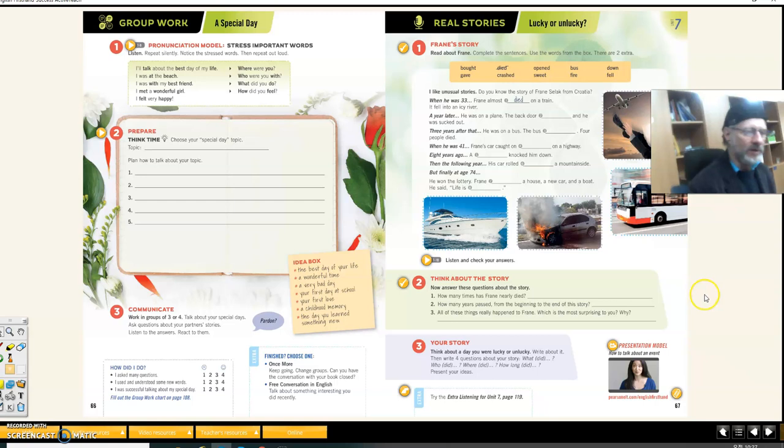This is a real story again. What's the title of the real story? Lucky or unlucky? So, at the top there is a word bank. What tense are these words in? Ask yourself that question. Is it simple present or simple past?